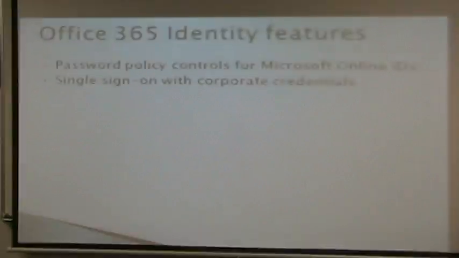You can implement single sign-on with corporate credentials, so your Active Directory username and password can be passed through and will just authenticate you to all your other services in Office 365. You only have to use one password and it's centrally managed, versus having an AppRiver username and password and then your local username and password. You can just merge the two.